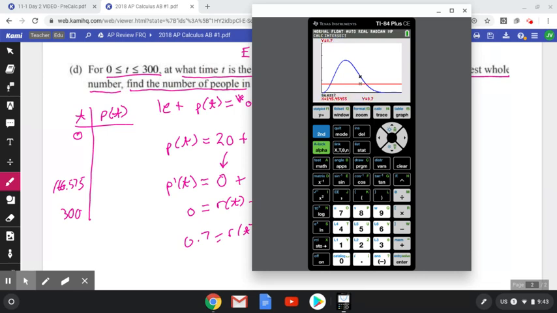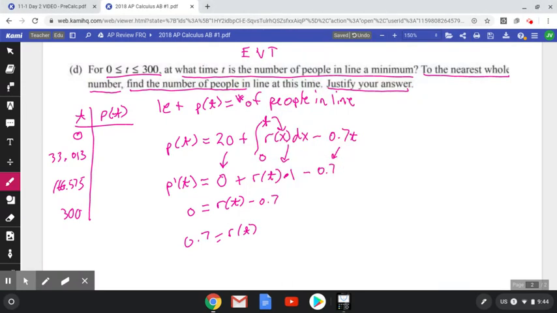And the second curve, I'll hit enter. And I'm going to guess, you can keep hitting the cursor if you want, and you'll move over, or you can actually just type the x value that you think is closest, like maybe 50 or 30 or something like that. So you could hit enter there, and it'll find the intersection as 33.013.